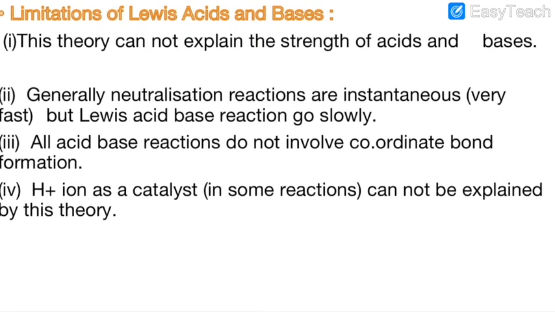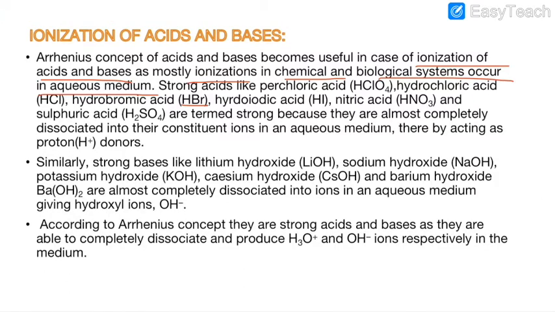Although the Lewis acids and bases concept was able to explain, the Arrhenius concept of acids and bases becomes useful in the case of ionization of acids and bases, as mostly ionization in chemical and biological systems occurs in aqueous medium.